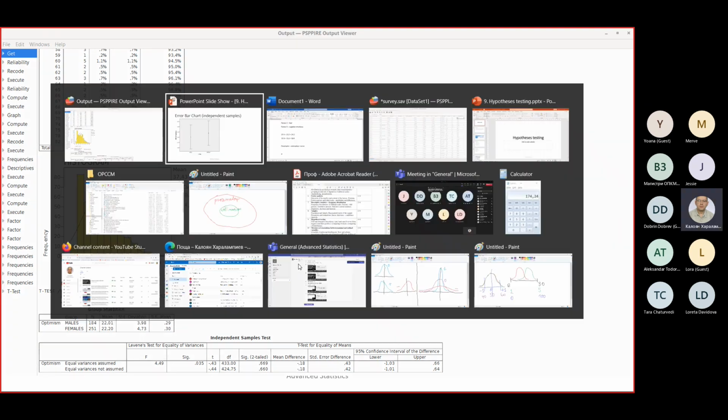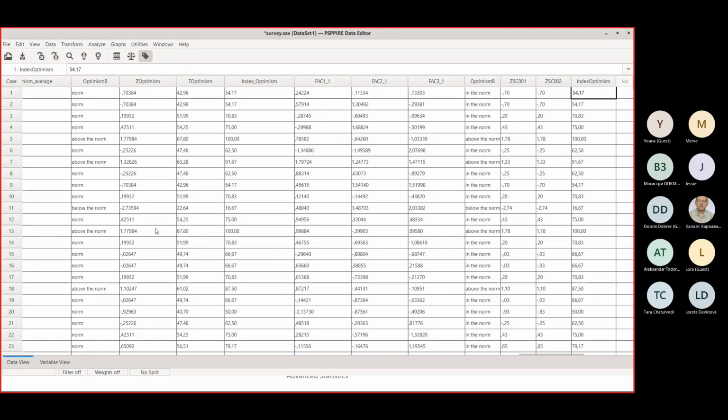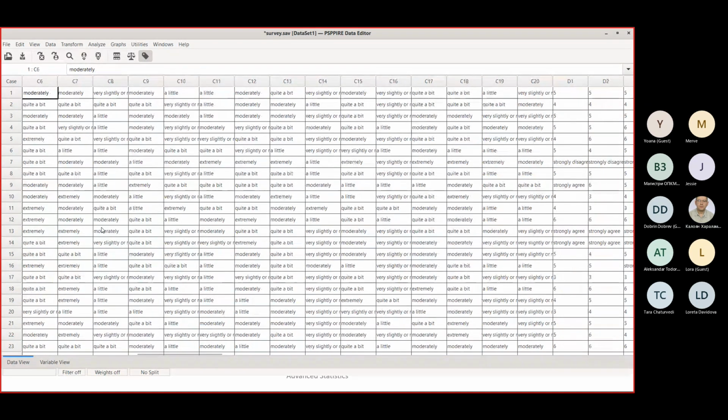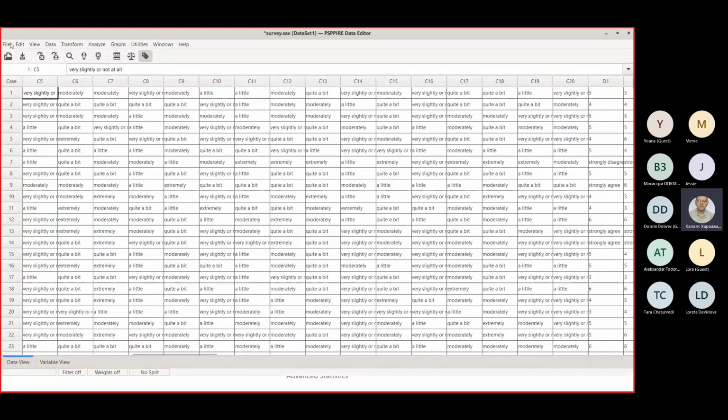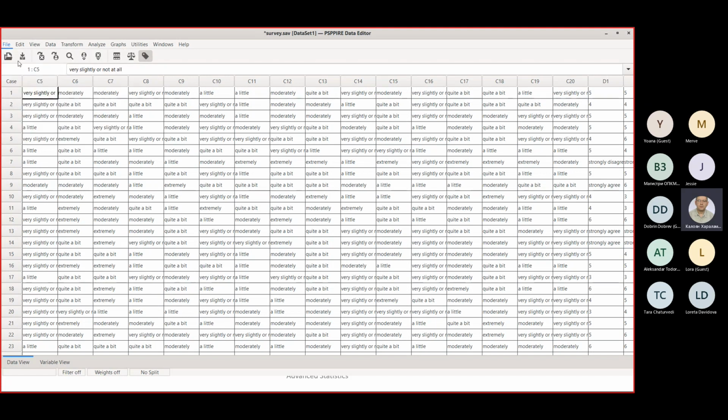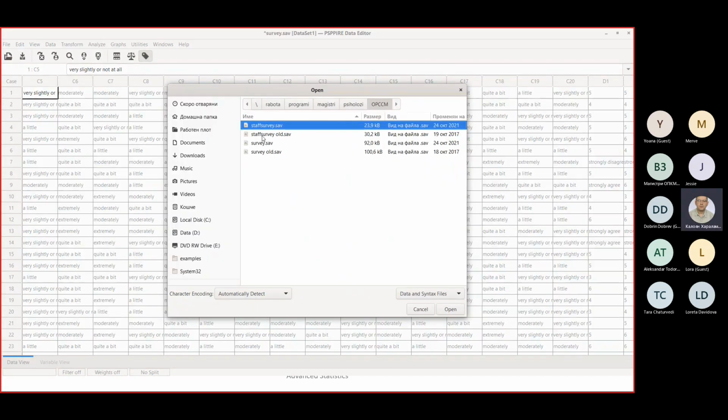These data are in the next file. Yesterday, I sent two files. Today, we work with one. Now I will open the second file. So, file, open. The second file is staff survey.